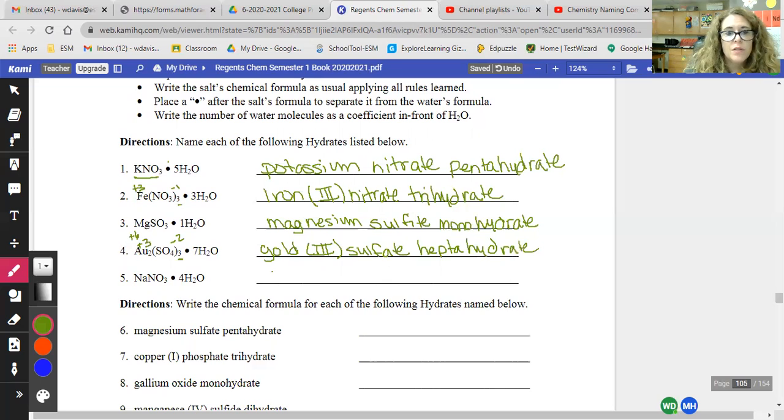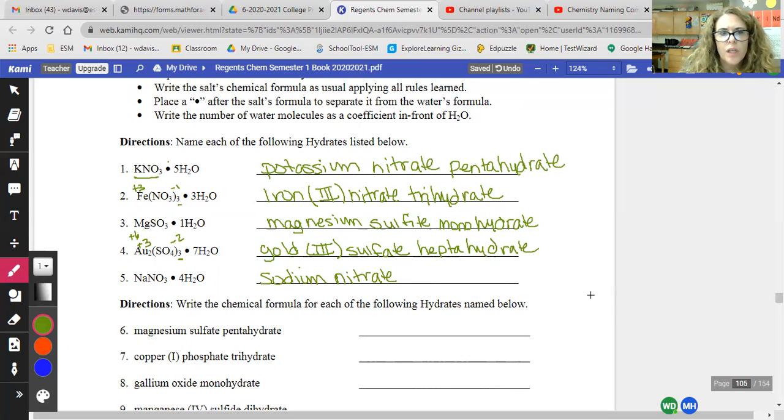Now I have sodium. Oh, erase. It's starting to get a little bit messy. Too much writing today, guys, so I'm getting a little messier here. Okay, sodium, and NO3 is nitrate.